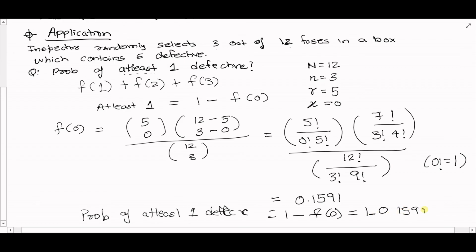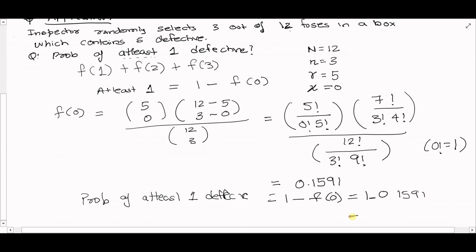Okay. And that will give you your answer to be 0.8409.